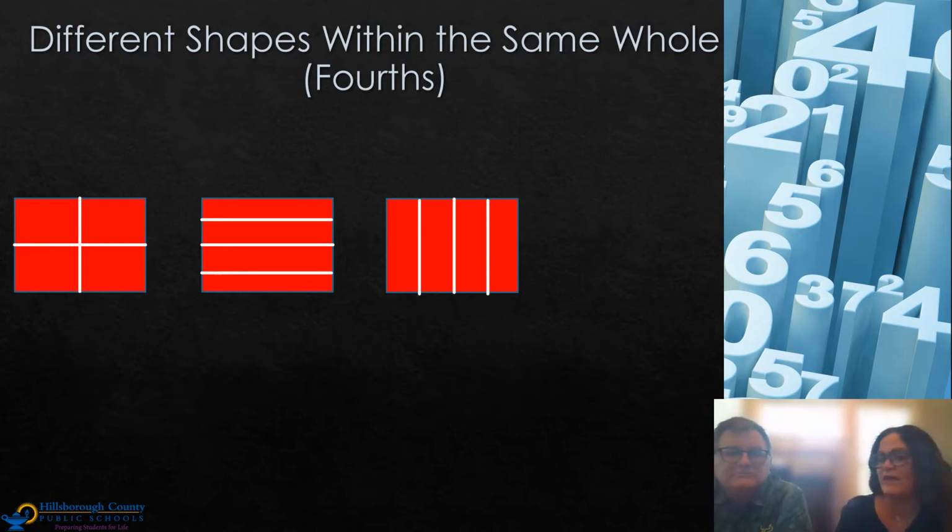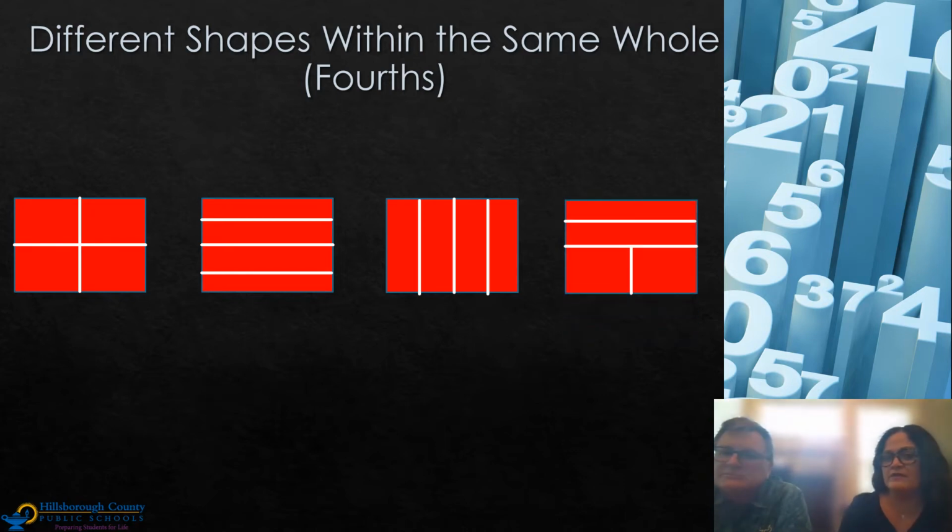So we would call that fourths. Yes. But what happens when we look at this figure here? Well, I could see a second grader being on the struggle bus with that, because to this point, I'm thinking as a second grader that the pieces have to be the same size, same shape, mirror images of each other, but I'm not seeing that there.